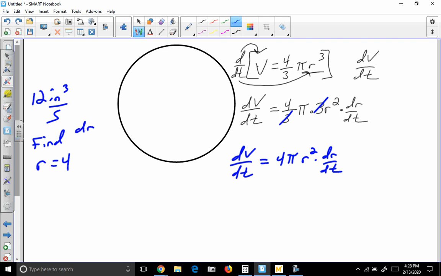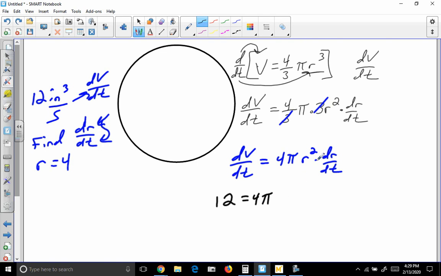So find dr/dt. This stands for the rate at which the radius is changing over time. This 12 cubic inches per second is a change in volume. If we are adding this volume to our balloon, our volume is changing, and this tells us how fast: 12 cubic inches every second. That's dV/dt.